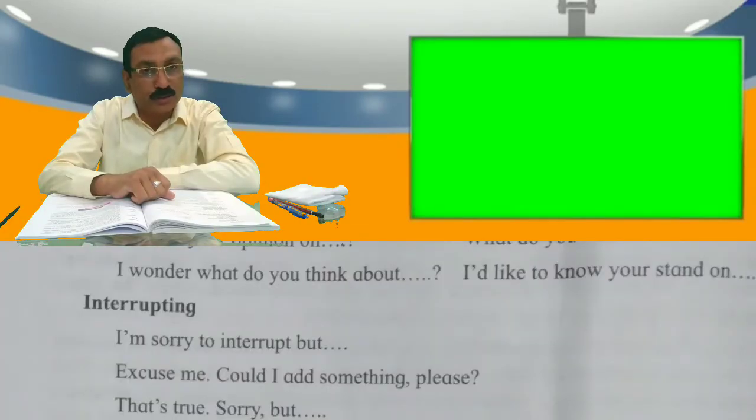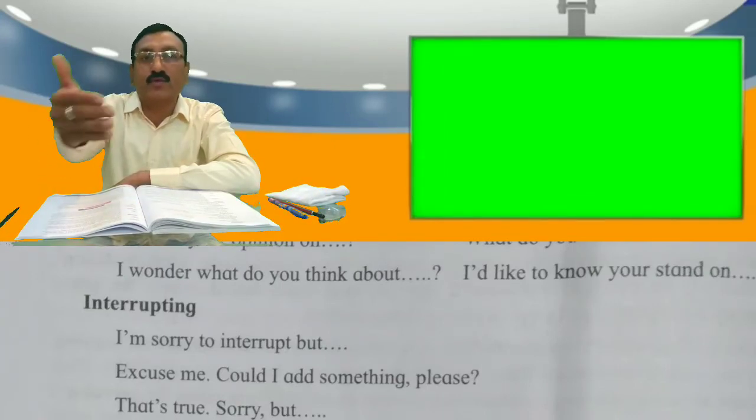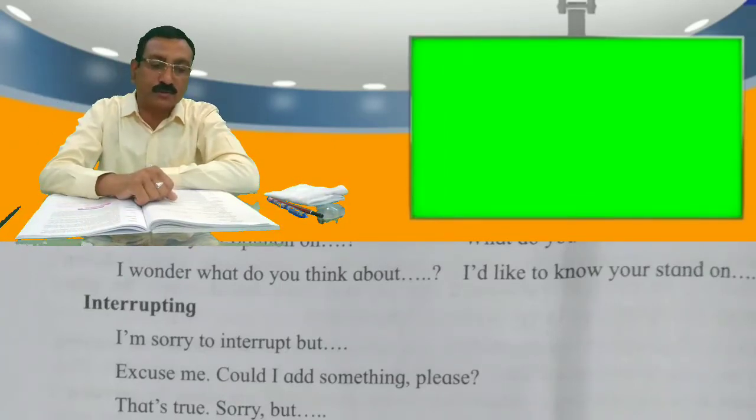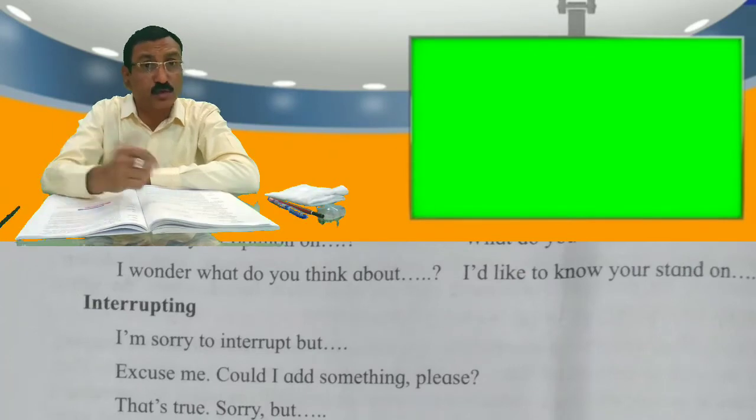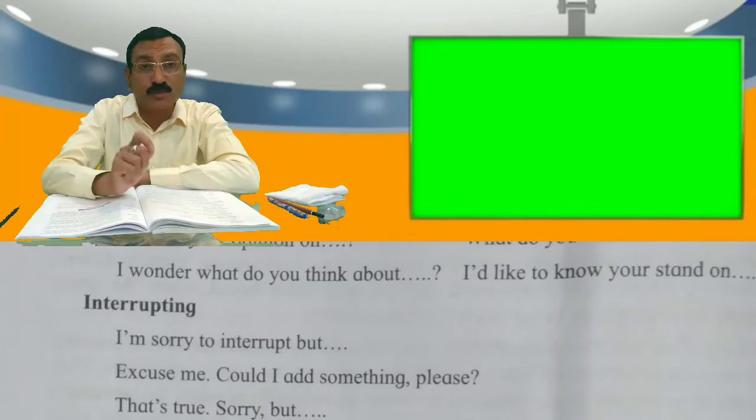I am sorry to interrupt, but. This is the polite way to interrupt the discussion. I am sorry to interrupt you, but, and then you can add your point. Next, excuse me, could I add something please? This is also another polite way of interrupting somebody in the discussion.